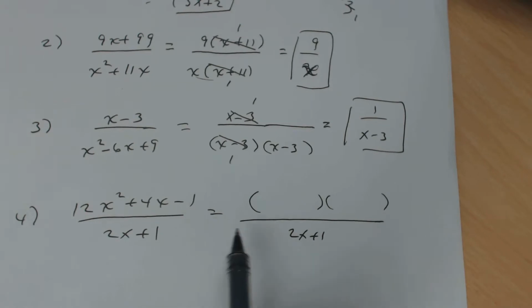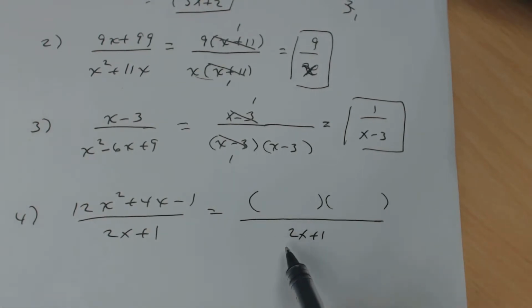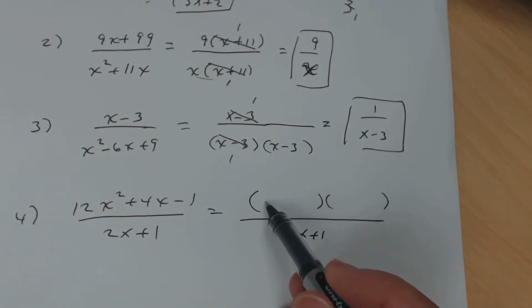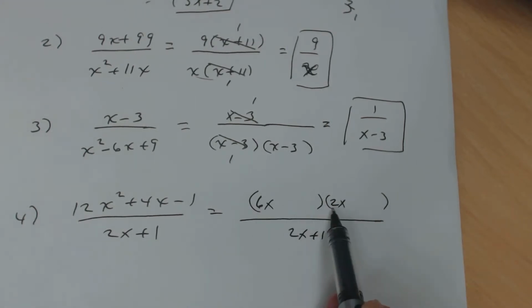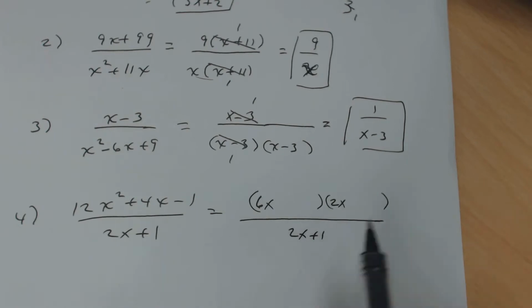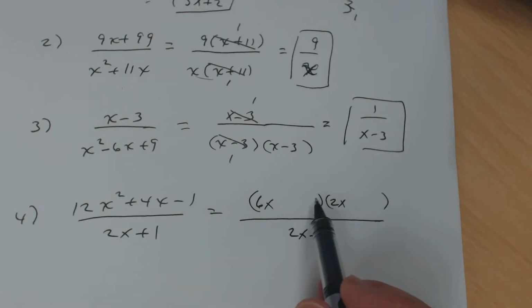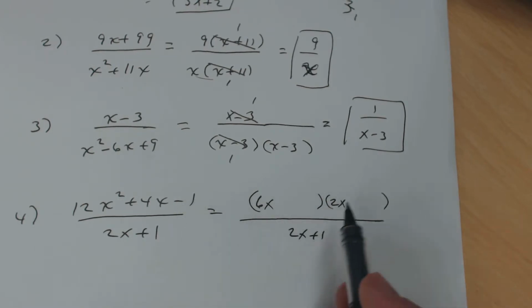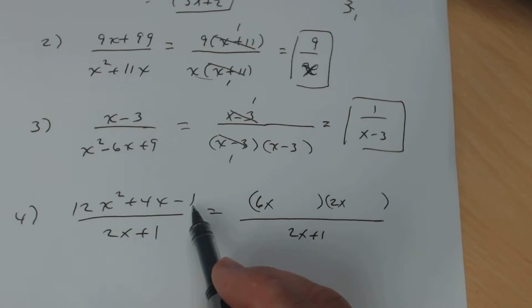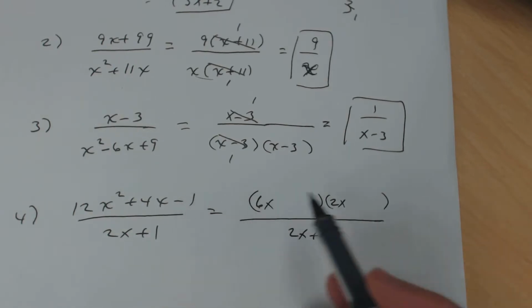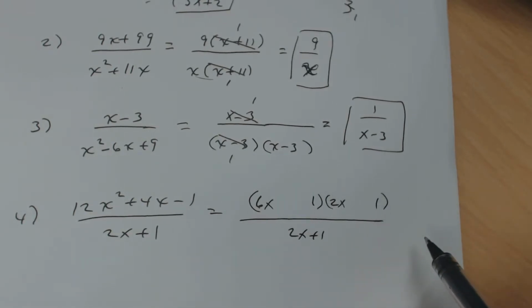Now let's talk about the numerator. You may have to do some work to figure this out, but let's try 6x and 2x, because 6x times 2x is 12x squared. The last term is a negative 1, so I know that these signs are going to be different. The only possibilities for the absolute value of negative 1 is 1 and 1.